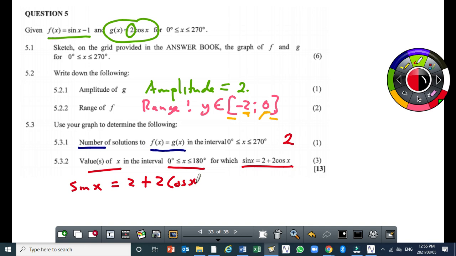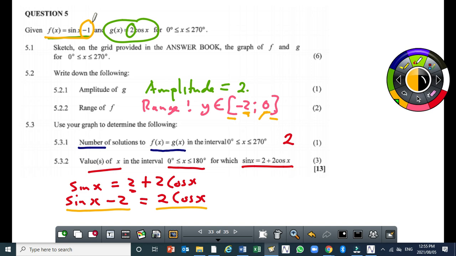Then we can take this 2 to the left so that we have sine x minus 2 equal to 2 cos x. Now, we know that this 2 cos x is equal to the graph that we have. And then that sine x minus 2 is slightly different from f of x because we have a minus 1 here. So I can split this up.